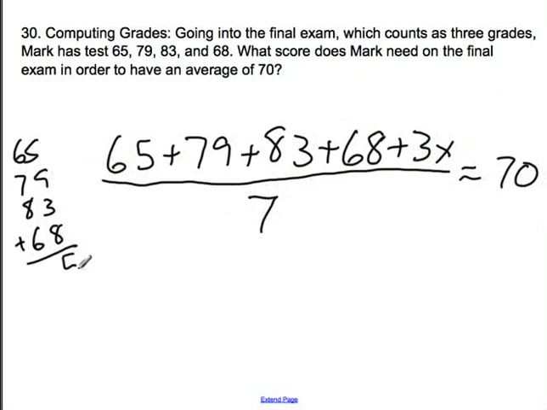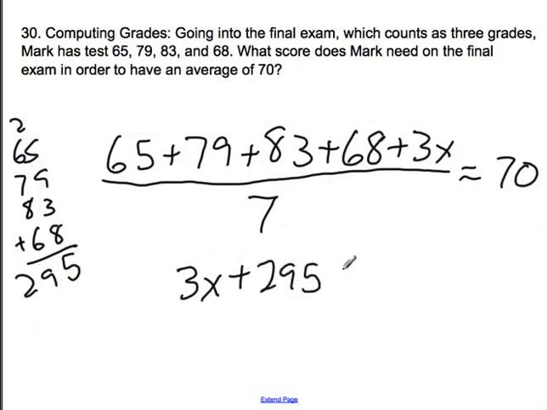So I put 5 here, carry the 2. And then we have 6 and 6, which is 12, and then another 8, which is 20, 27, 29. So this is 295. When we put that all together, we get 3x plus 295, and we divide that by 7, and that is equal to 70.